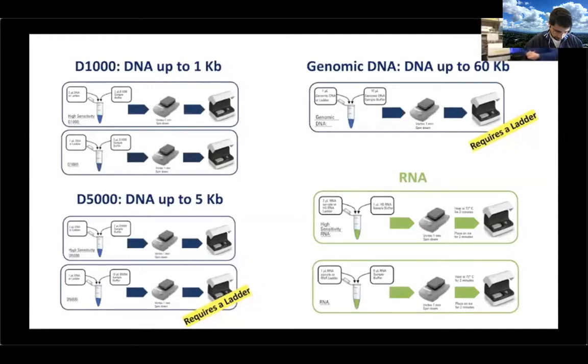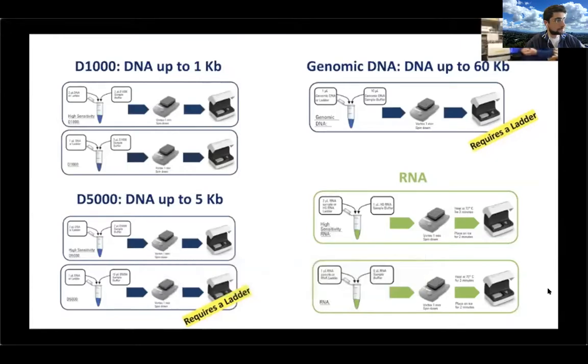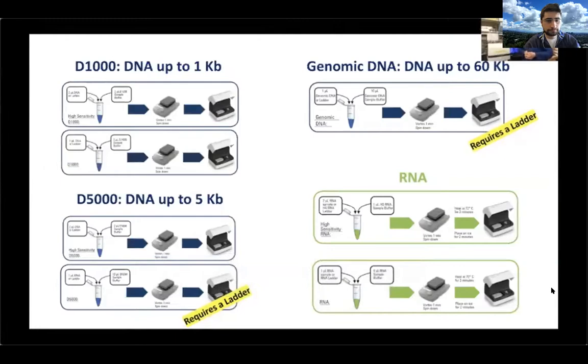Also, if you go on the bottom, you have another application. It's called D5000. So D5000 is basically the same as D1000, but you can discriminate DNA that is up to 5 kb in length. And this application requires a ladder. So if you think of the TapeStation as an automatic electrophoretic system, you basically perform the same basic steps as when you're performing electrophoresis, right?